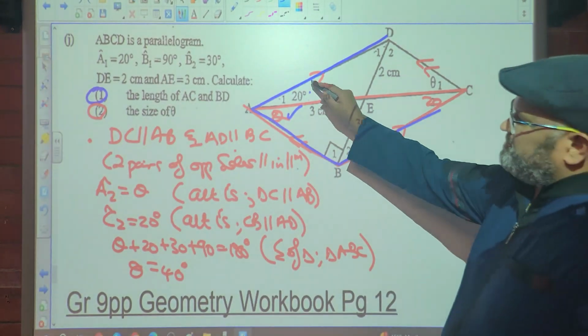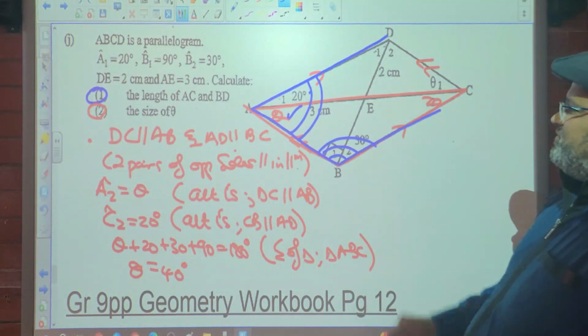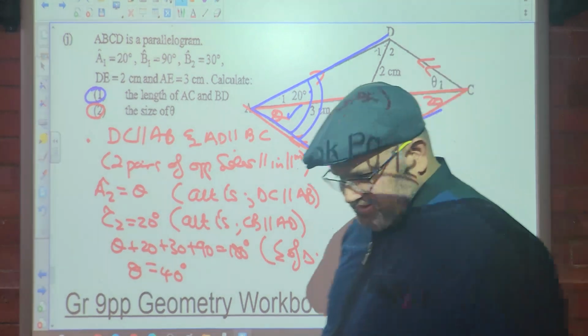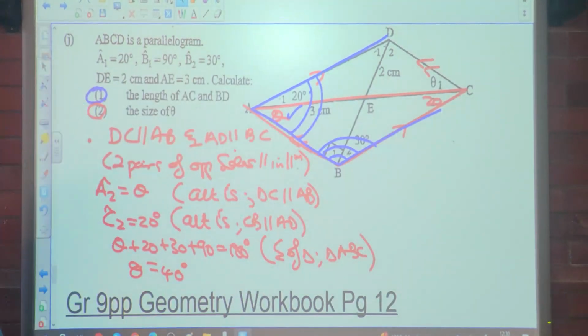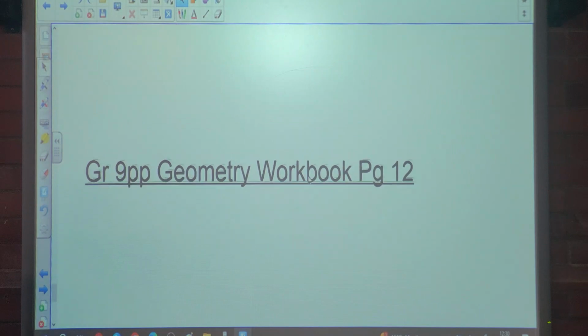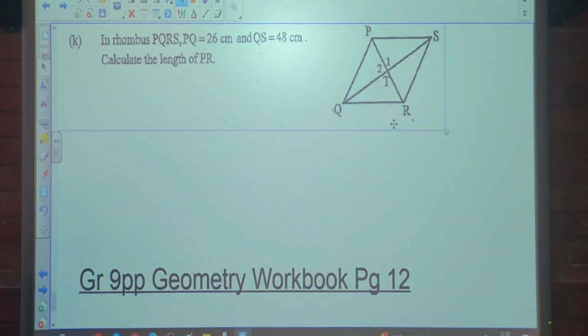So you're going to say 20 plus theta plus 90 plus 30 is going to give you 180. Anybody else go with the shorter method? It's nice to see some people can come with a shorter method than what's on the memo at times.